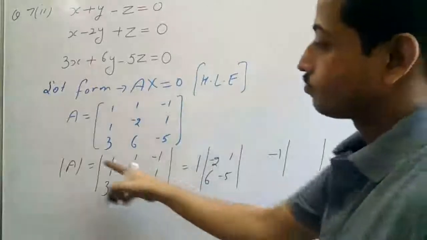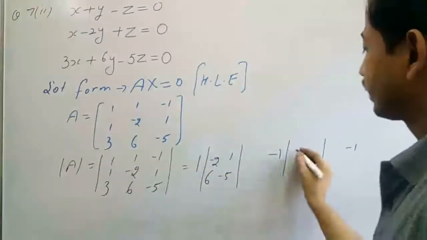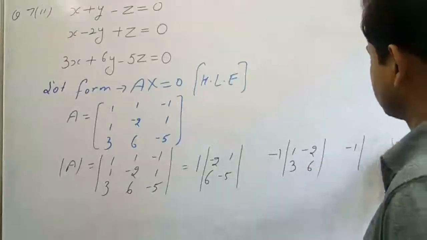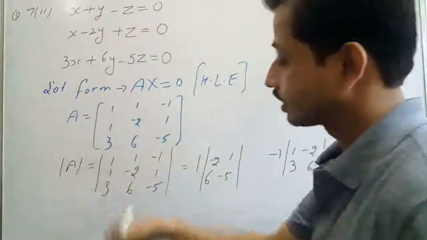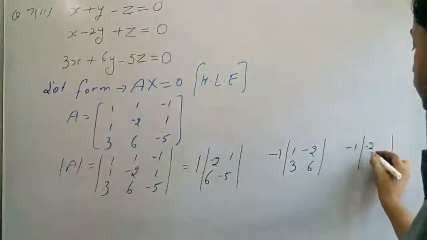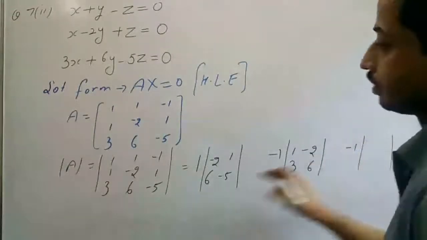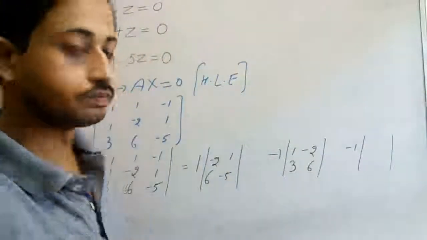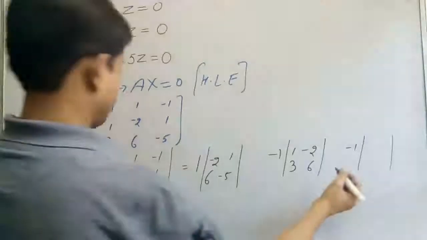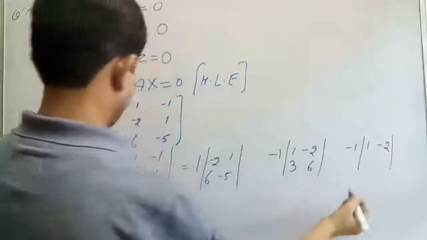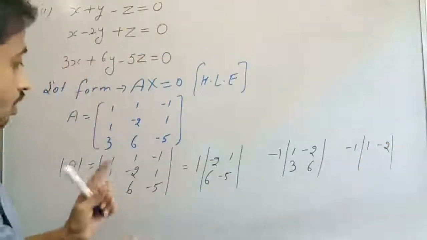Now cut the first row, second column, we get 1, 3, minus 2 and 6. Sorry, I did that wrong.